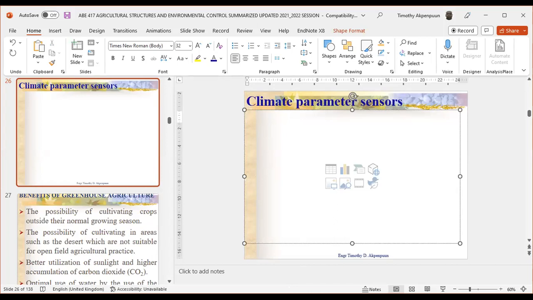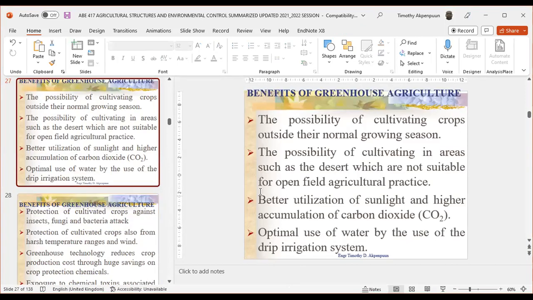Okay, I'm coming. I want to show you guys something. Meanwhile, while that is trying to open, let's look at the next slide.